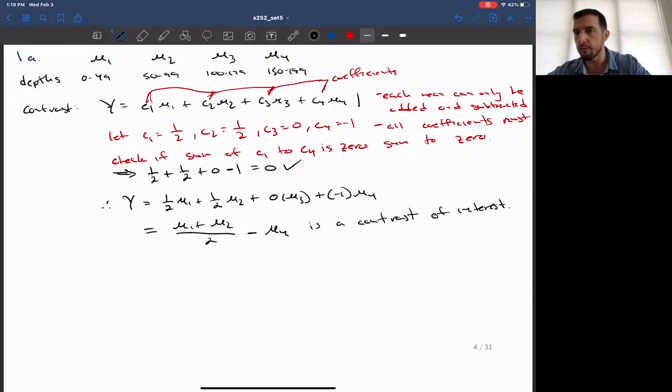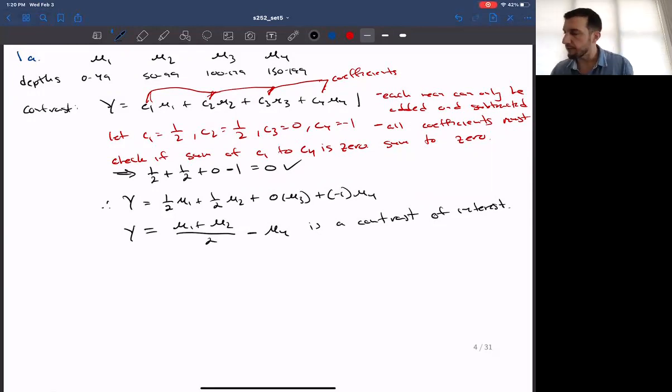So the contrast that I presented here, gamma equals (mu1 plus mu2) over 2 minus mu4, is a valid contrast to compare the average length between 0 and 99 to the length between 150 and 199, because 1 over 2 plus 1 over 2 minus 1 equals 0.